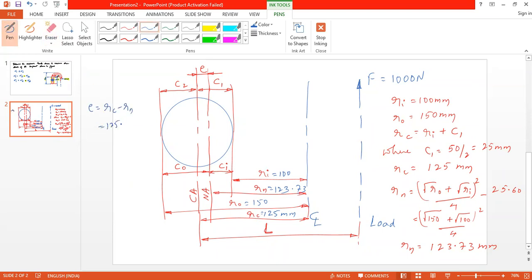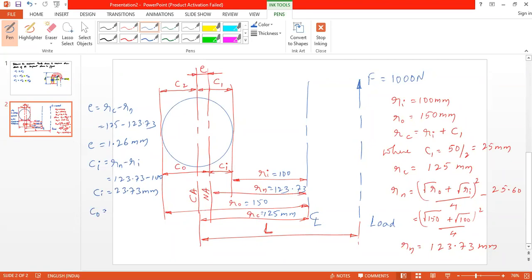Rc minus Rn, that is 125 minus 123.73, so it is 1.26 mm. e is 1.26 mm. And what is Ci? Ci is Rn minus Ri, that is 123.73 minus 100. So that is 23.73 mm.